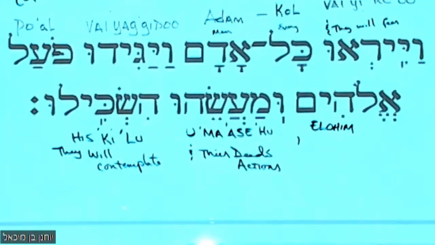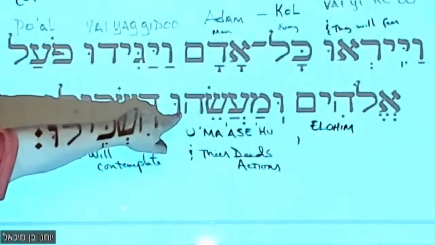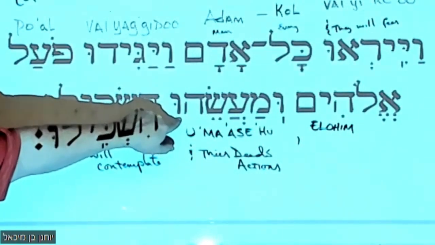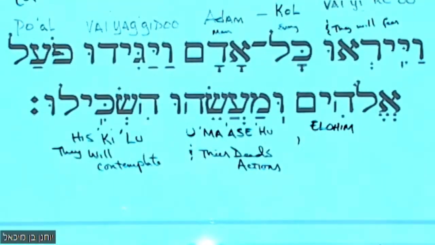So does that make any sense though? If they are fearing and revering him, it makes more sense to me that they will contemplate their deeds. And that even goes as far as this ooh on the end, meaning they. How did they get his out of that? Poal is something miraculous.